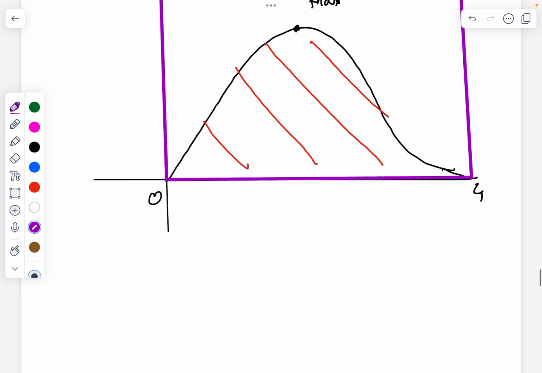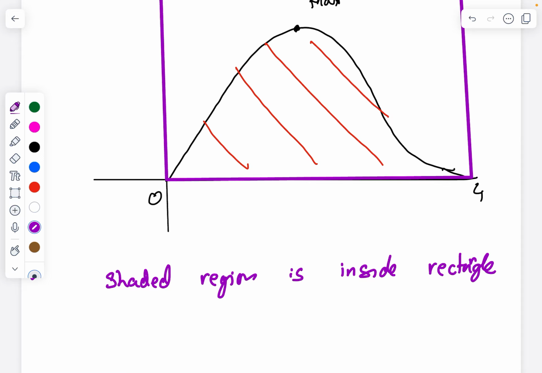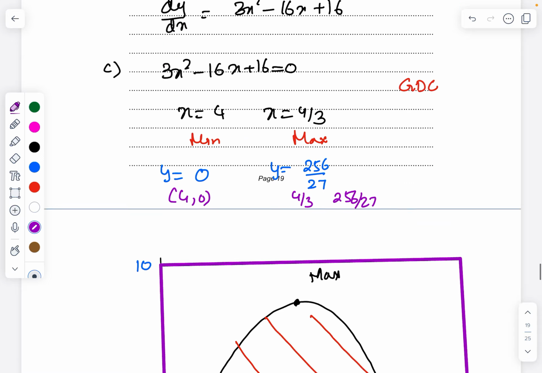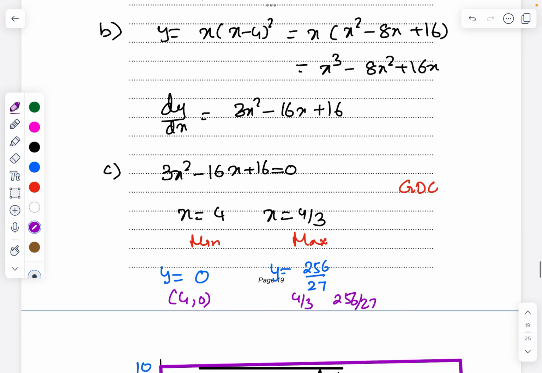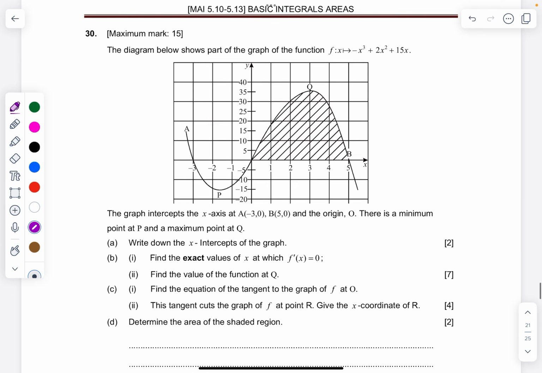So the shaded region is always inside the rectangle. The shaded region is inside a rectangle of area 40. That is the reason it will always be less than 40. That's going to be the answer.